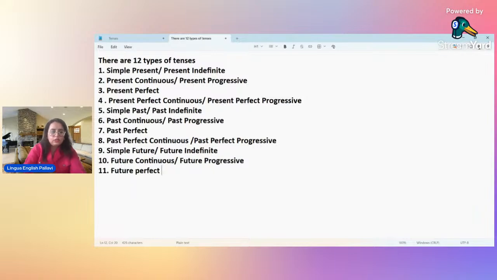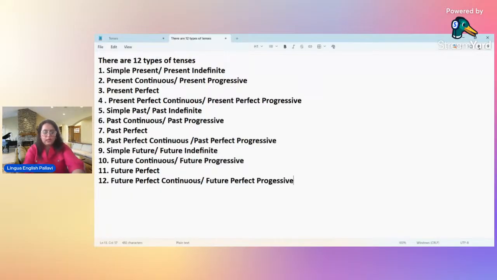Future perfect. Also, the next one, what will it be? Number 12, it will be future perfect continuous, or we call it future perfect progressive.